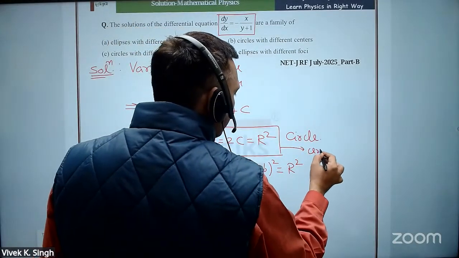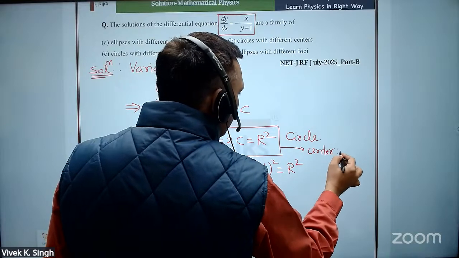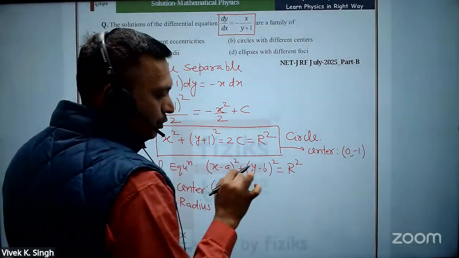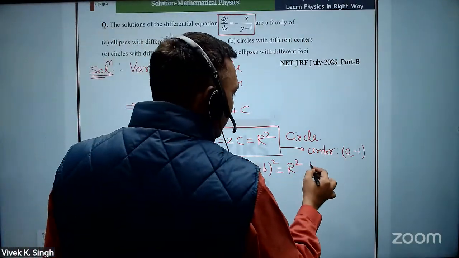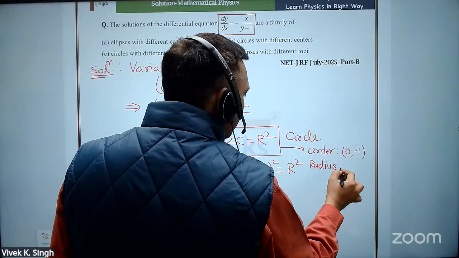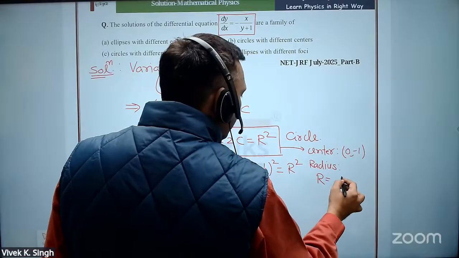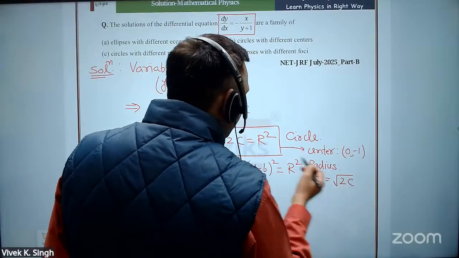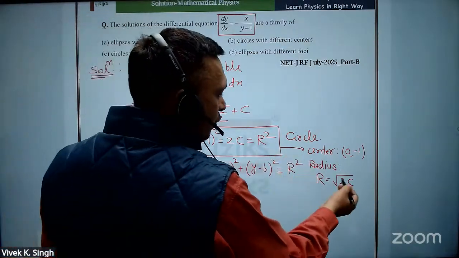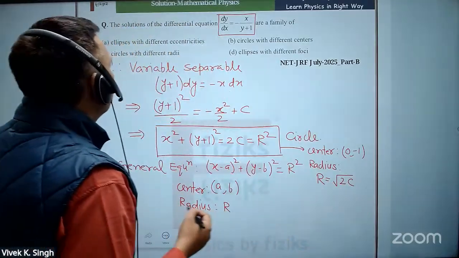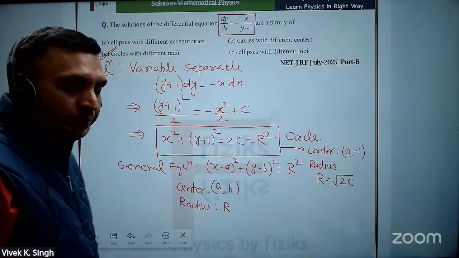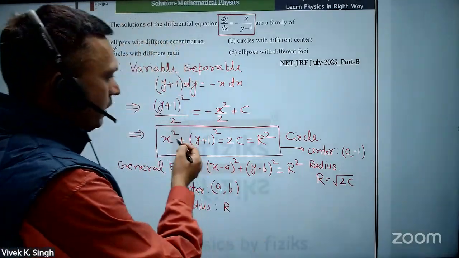Its center is (0, minus 1). So the center is fixed here. And what will be the radius? The radius r will be given by the square root of 2c, and c is any general constant. So c is variable, which means the radius is changing. So it's a circle with different radii. So note it down.